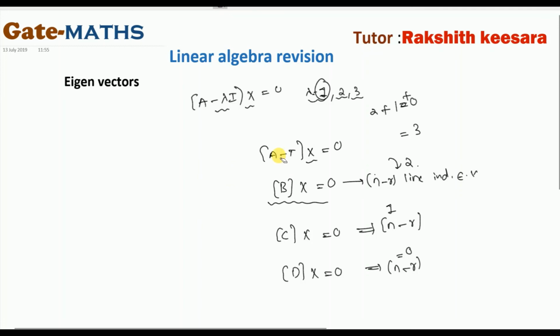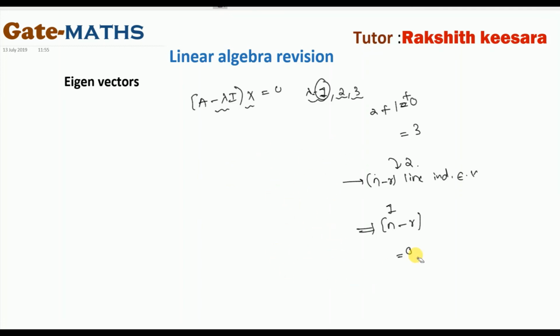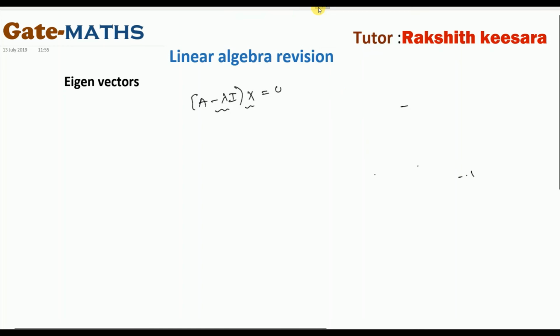But in some questions the eigenvalues will be repeated. How to handle that kind of questions? Suppose the eigenvalues are λ = 1, 1, 2. If you substitute λ = 1, it will be (A - I)x = 0.